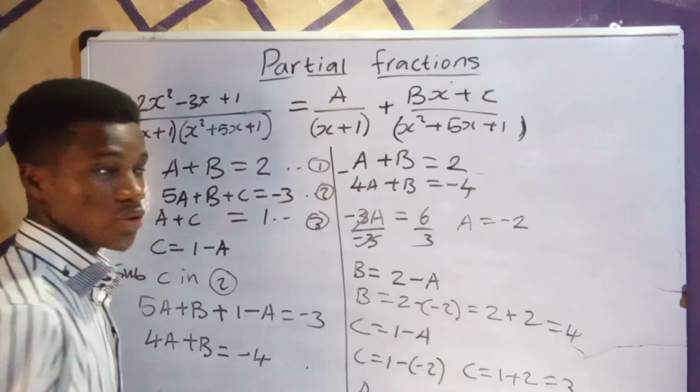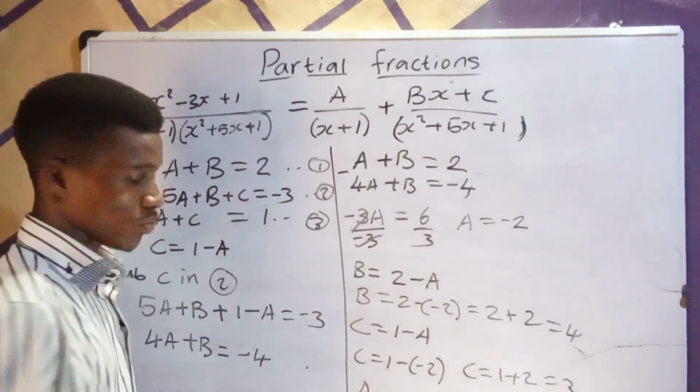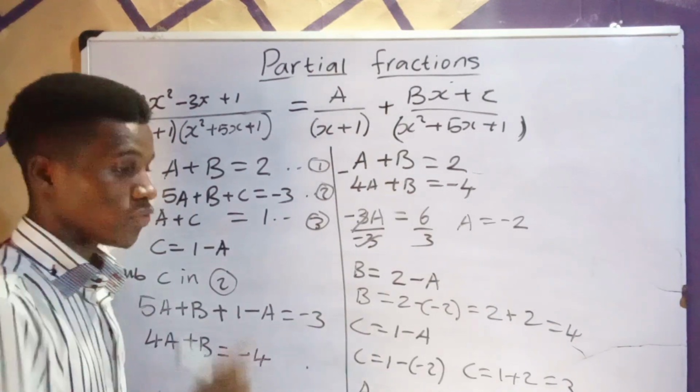So bring these values here and fix them in the arbitrary constants, and that's our partial fraction for this compound fraction.